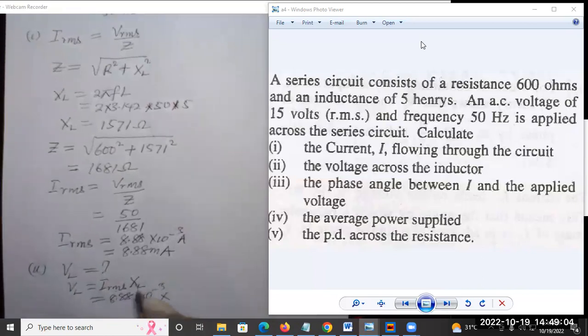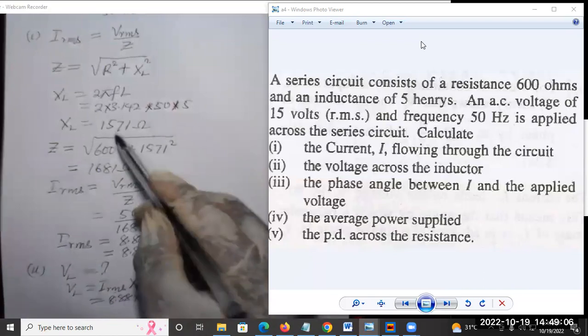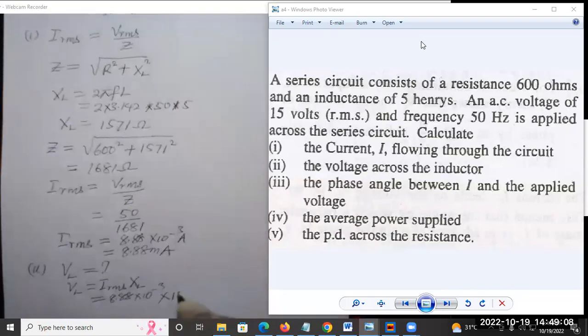Inductive reactance from the question is 1571. Using a calculator, that will give us 14.95 volts.